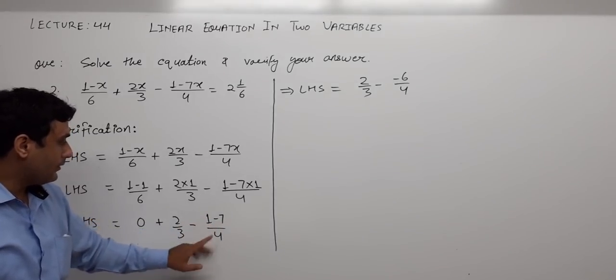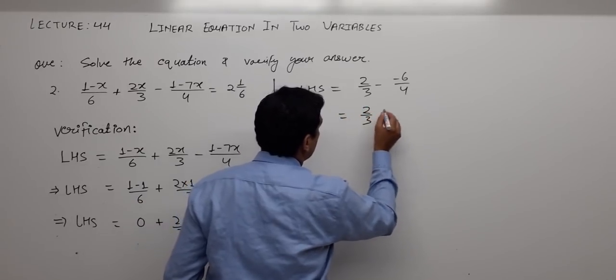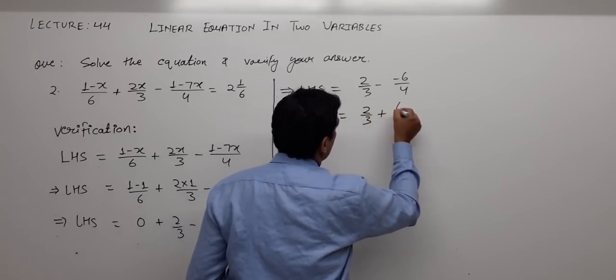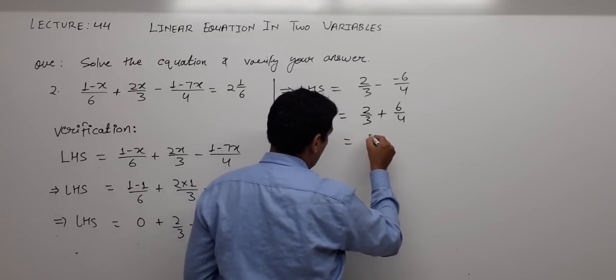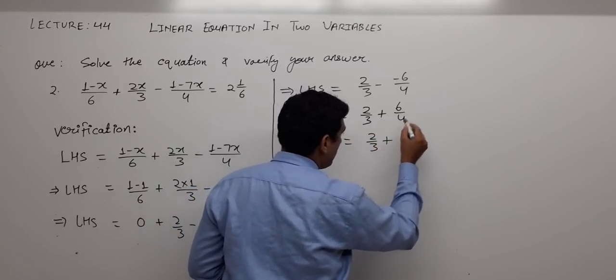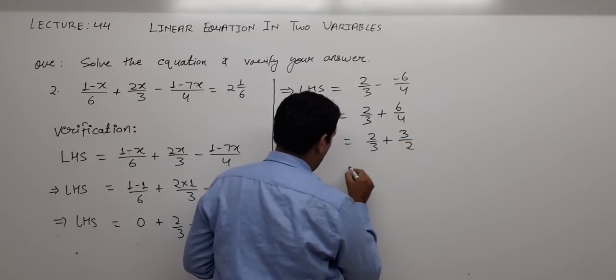Okay, 1 minus 7 is minus 6. So on solving it further, 2 by 3 plus 6 upon 4. If I cancel this, 2 3s are 6, 2 2s are 4.